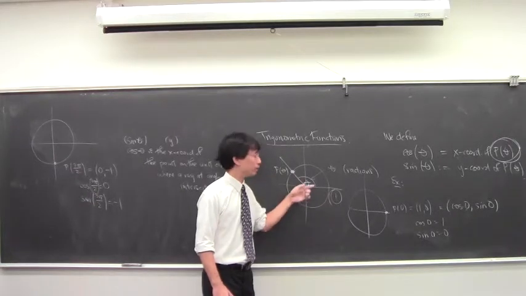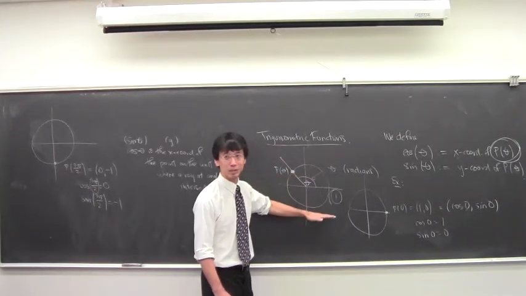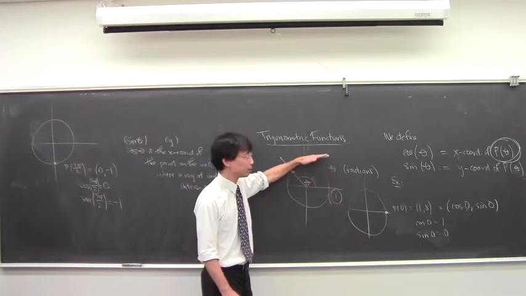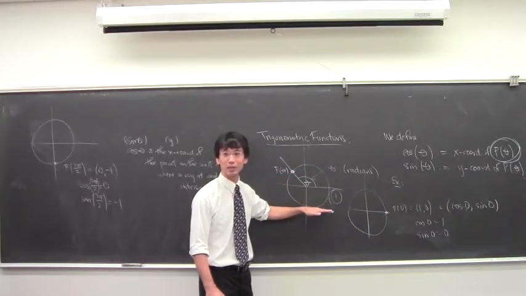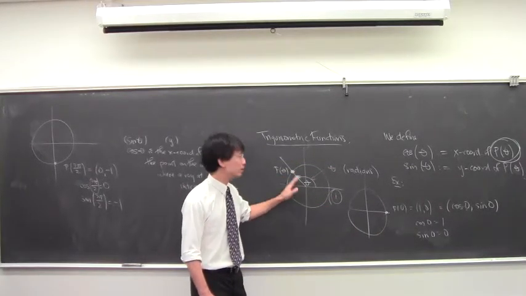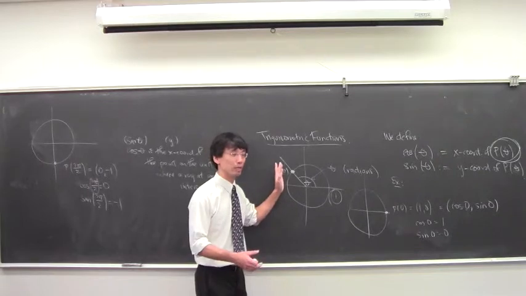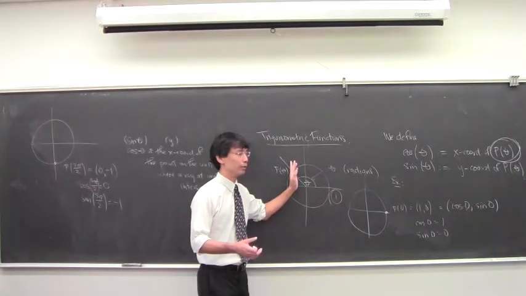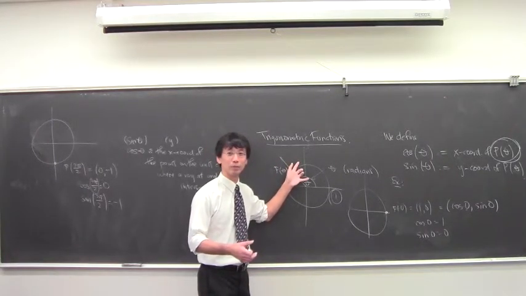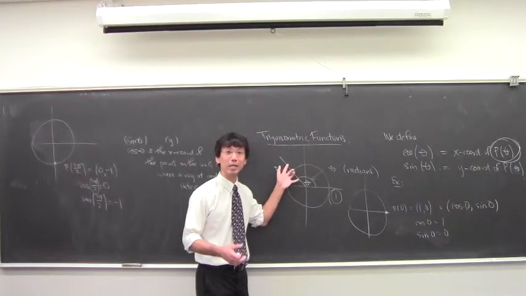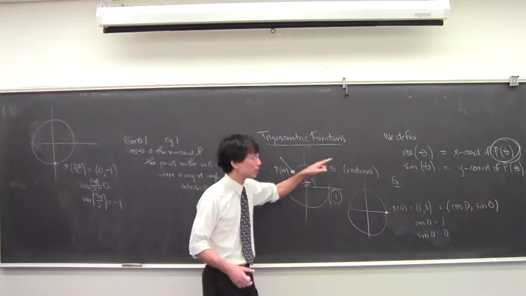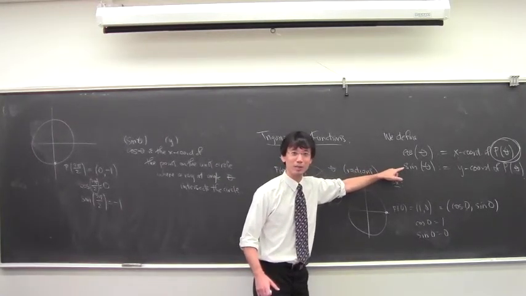The y-coordinate is positive up here and negative down here. So the sine's going to be positive if you're up here, and negative if you're down here. It's more consistent than memorizing that for some reason this should be negative. It's not some reason, it's because this is what the cosine is, and this is what the sine is.